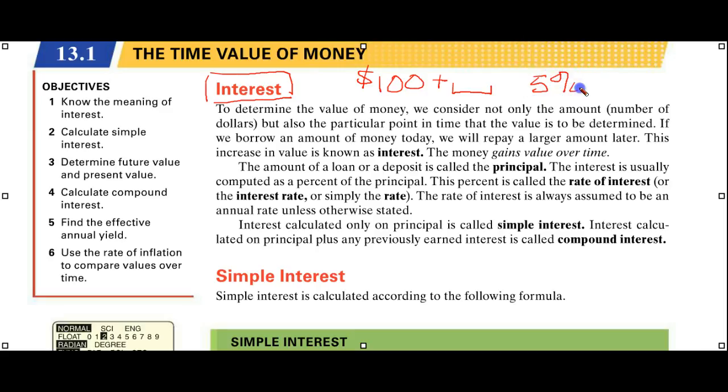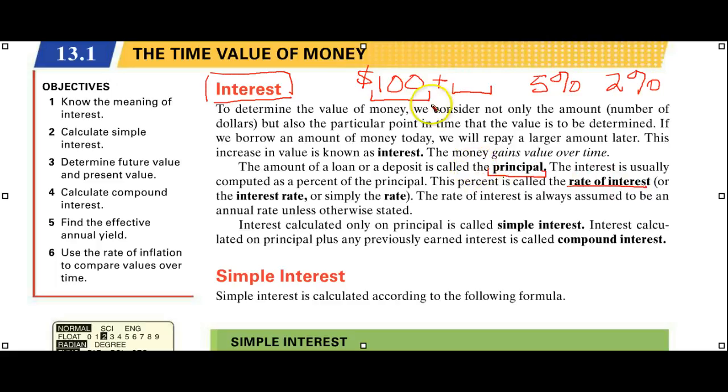5% interest, 2% interest, and so on. Now, the money that you borrow, the $100, this is referred to as your principal. And again, the percentage of that principal that you have to pay the bank for using their money is the rate of interest.